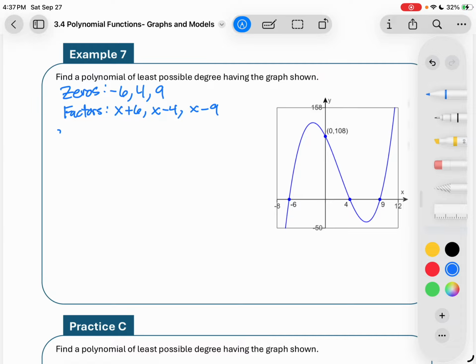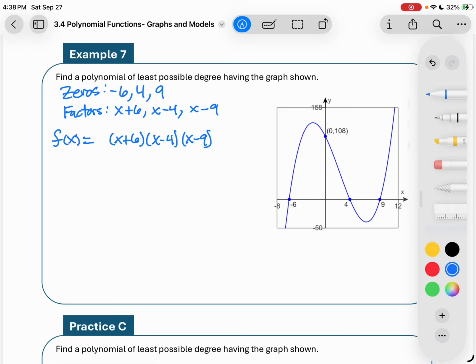So now I've got a polynomial that I can make with those factors: x plus 6 times x minus 4 times x minus 9. That would have those exact same x-intercepts. But would that have the exact same y-intercept of 108?